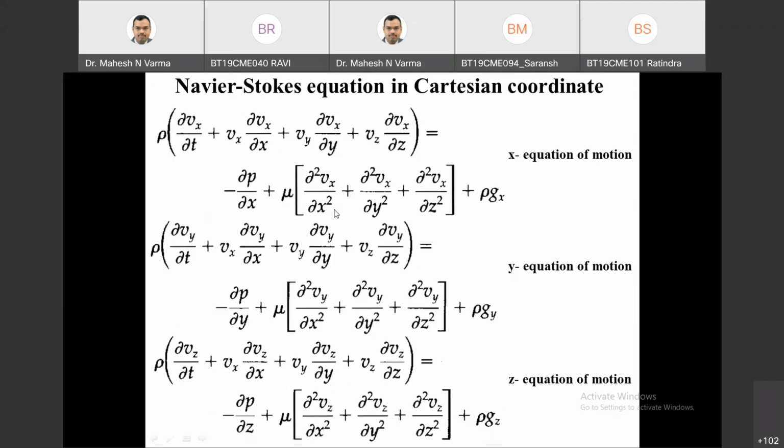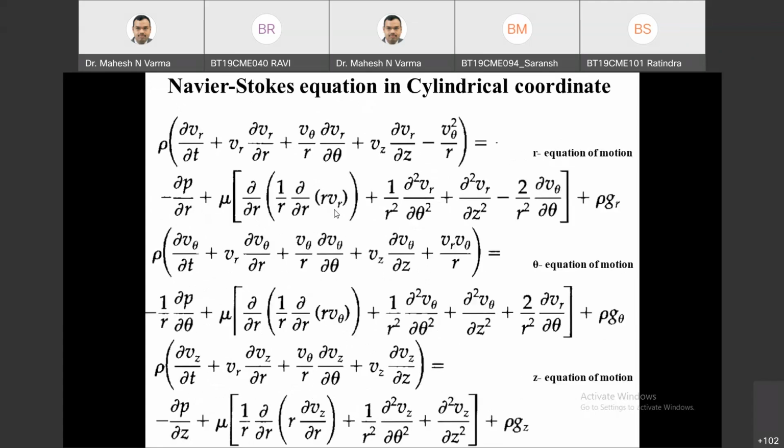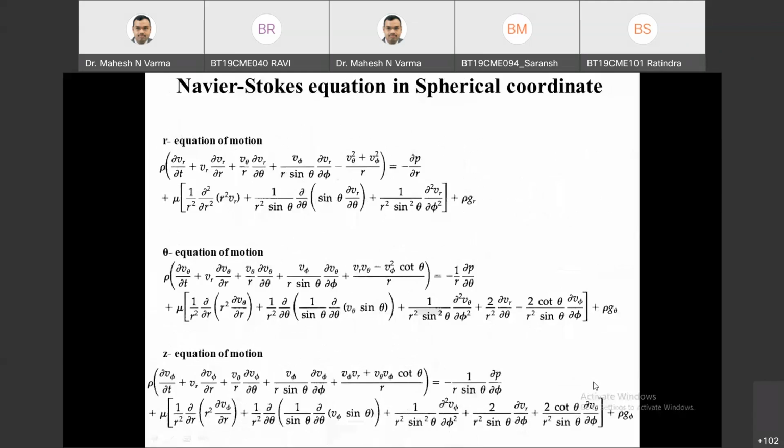Similarly, you can get it for the cylindrical coordinate system: the r equation of motion, theta equation of motion, and z equation of motion. Similarly, you can get the Navier-Stokes equation for the spherical coordinate system. So these are 9 equations: 3 for cylindrical, 3 for spherical, and 3 for Cartesian coordinates.